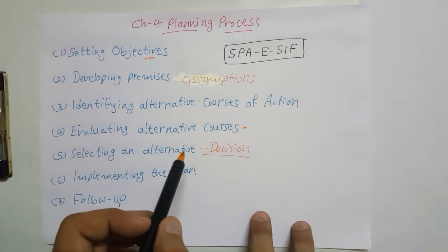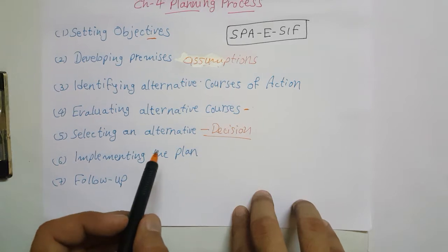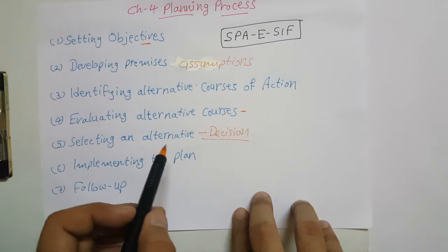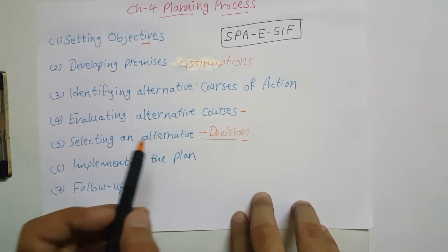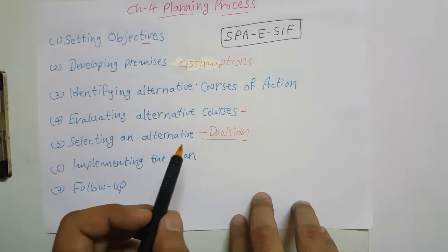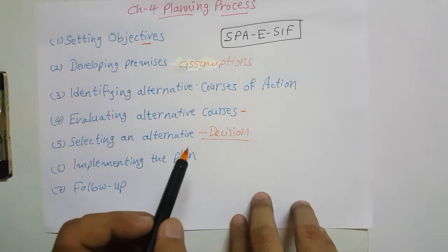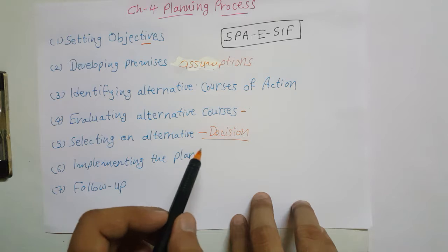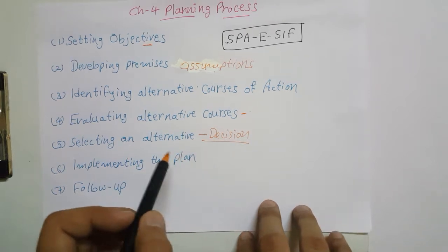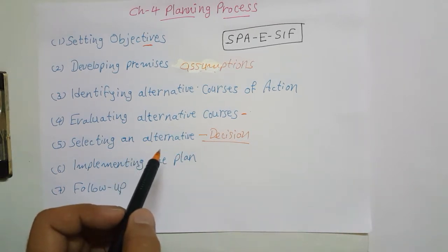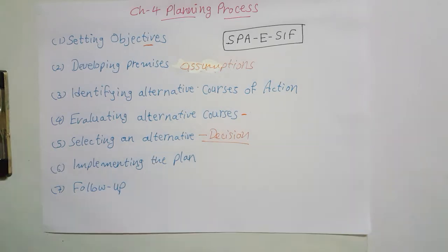Whenever we are selecting the alternative, it should be most feasible, most profitable, and it should have the least negative consequences. And sometimes we can also follow a combination of two or more alternatives.